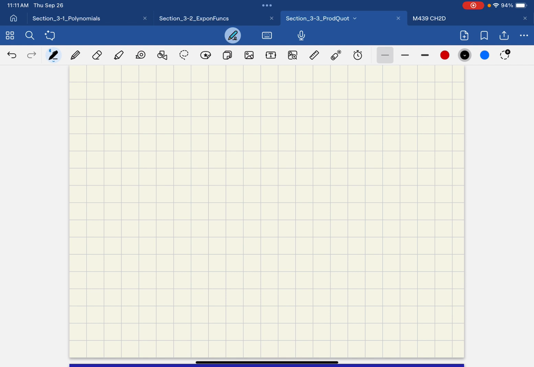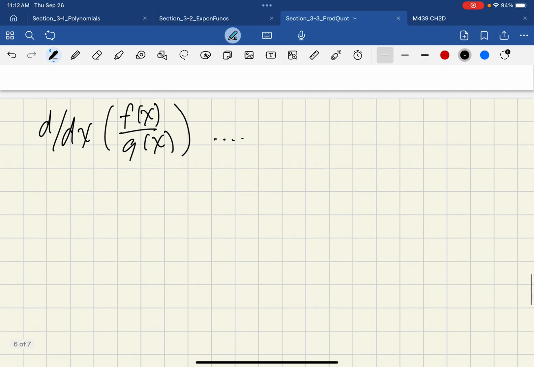So what we're trying to find is the derivative of one function divided by another. Let's let q of x be the quotient function.